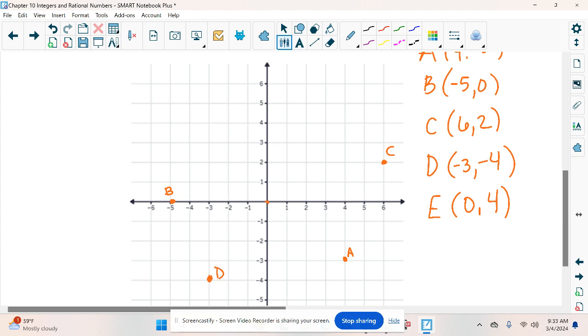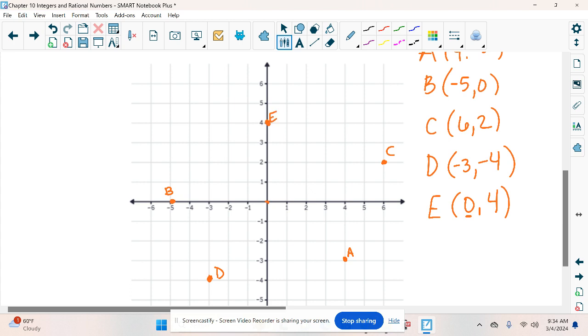Then E, we have 0, 4. So if I start at 0, am I going to go left or right? Neither, you go up. Because it's 0, am I going to go anywhere in x? I'm just going to go up to 4.